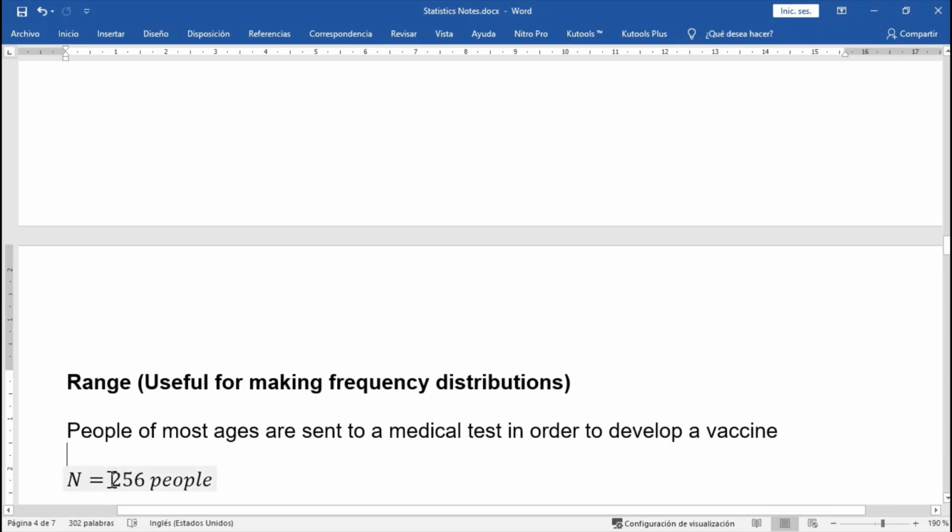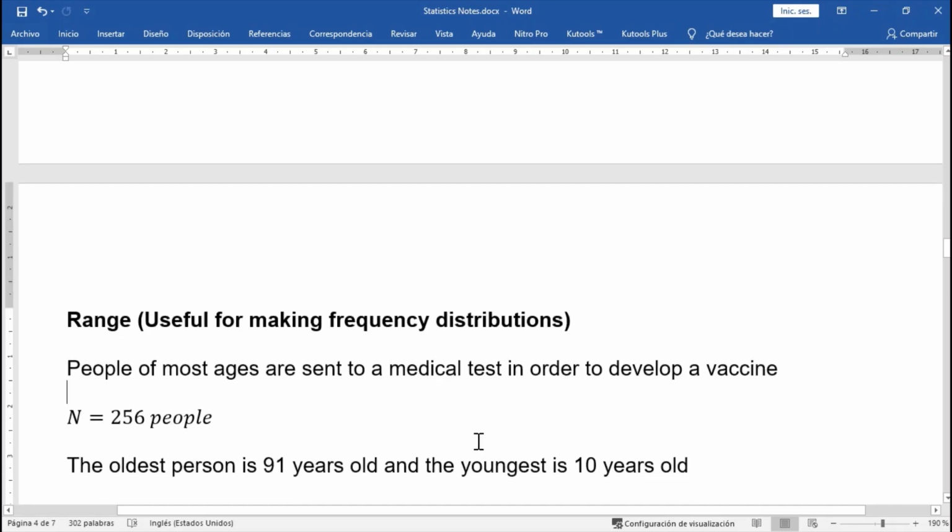Now, let's suppose that they were 256 people of all ages, right? To develop this vaccine, and we have this important value. It says the oldest person is 91 years old and the youngest is 10 years old. Remember, the range is the difference between the highest value, or maximum, and the minimum value.